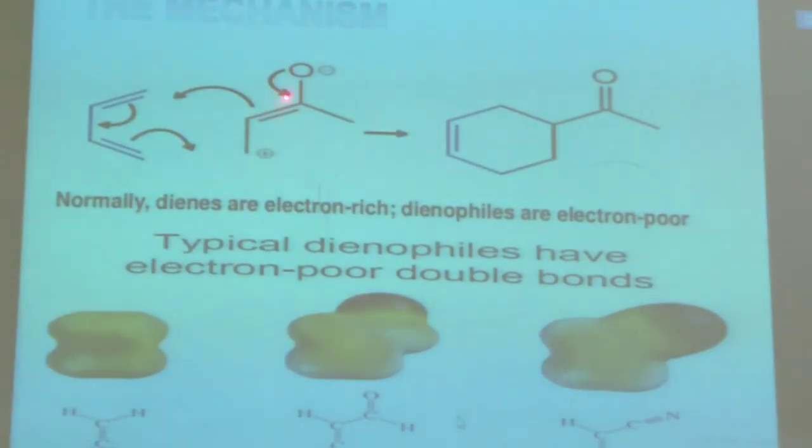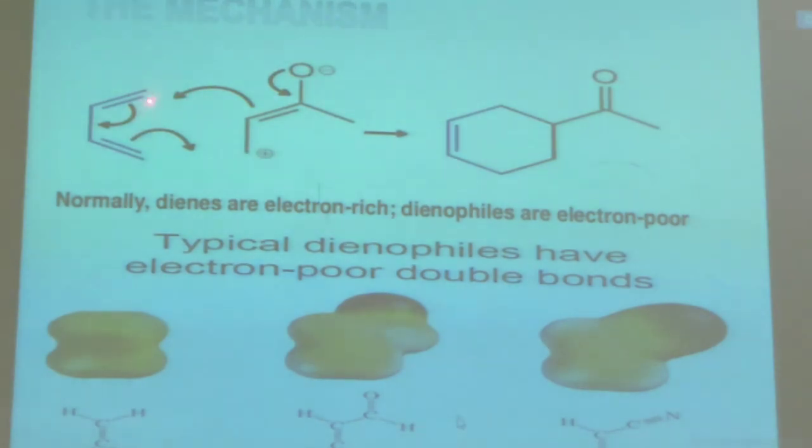The nucleophilic oxygen's electrons will move inward towards the carbonyl carbon, and the double bond pi electrons will move to that carbon, which becomes electron rich, and the other becomes electron deficient.